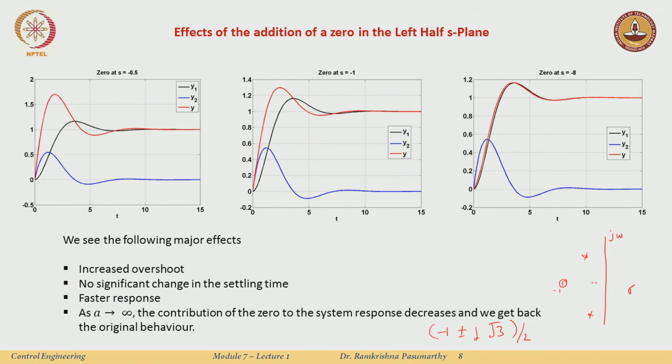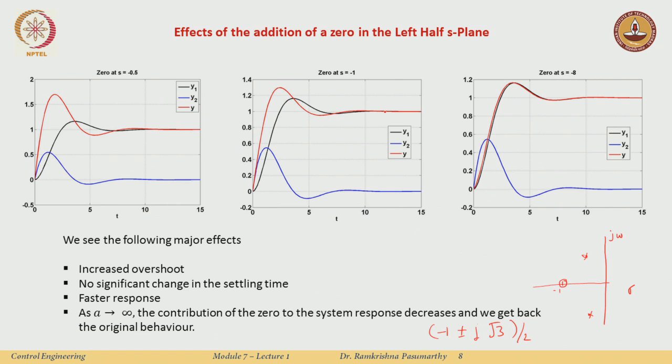So, what I have is the second order system plus a 0 at minus 1. Again we follow the same thing and see what happens to the response. The response in the black remains as it is. The scales are different and therefore this looks a little bigger. Now, y2 looks like this, which is 1 over a y1 dot, and the overall response is something like this, the red line.